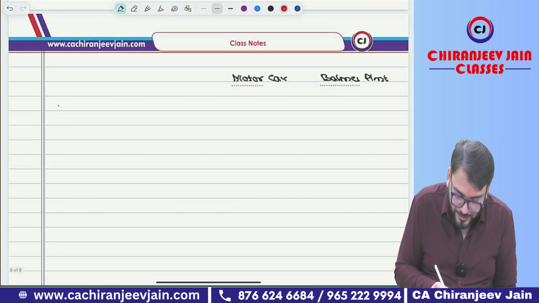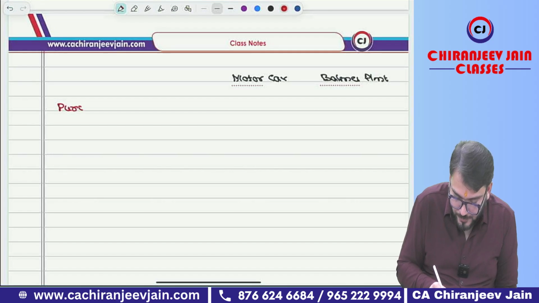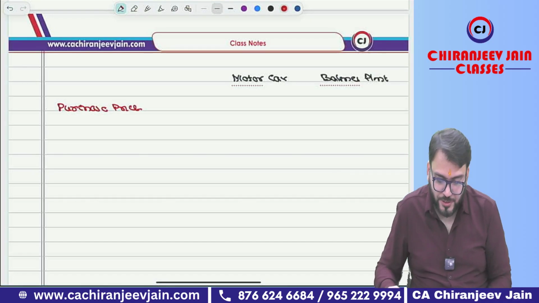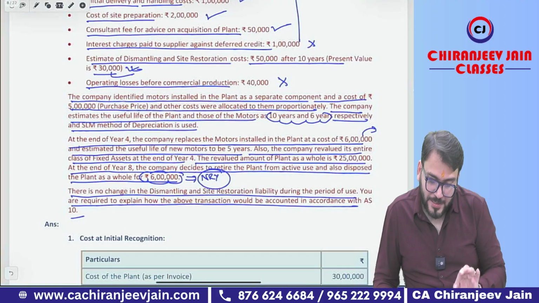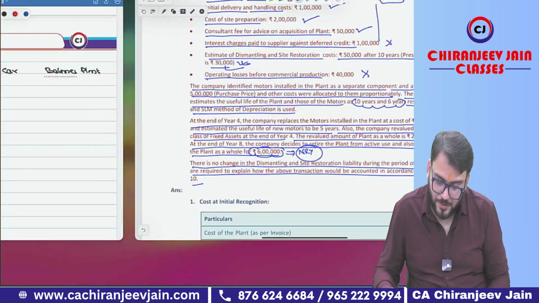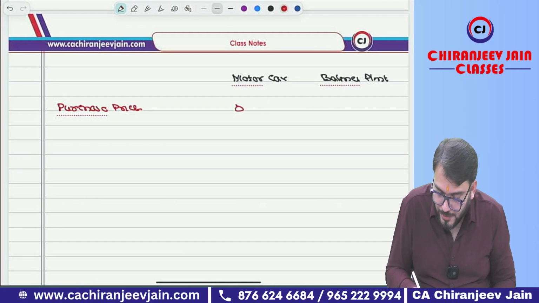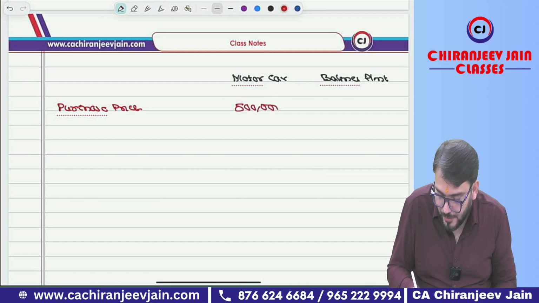The purchase price is already given. 5 lakh is for the motor. The balance will be the plant, 25 lakh.